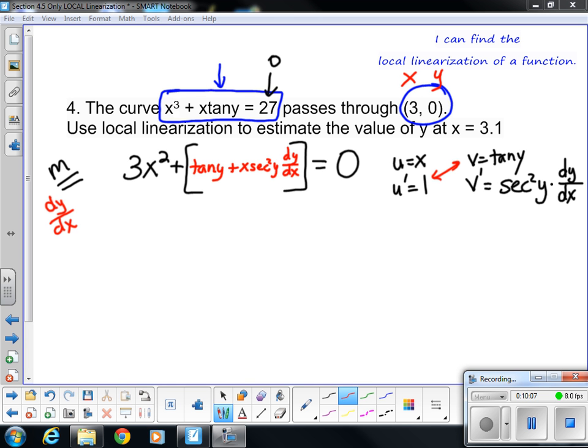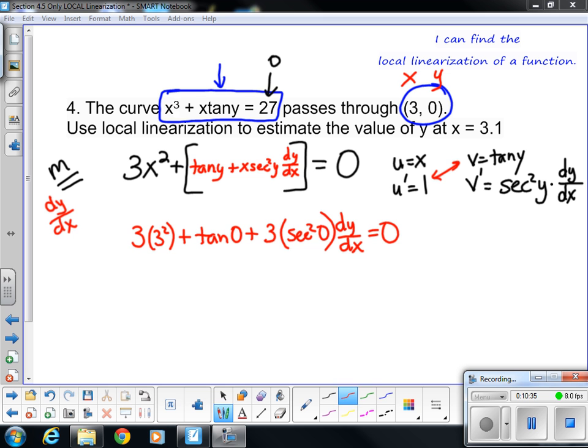So instead of simplifying this, I'm just going to immediately plug in a 3 for every x and a 0 for every y. So we have 3 times 3 squared plus tangent of 0 plus 3 times secant squared of 0 dy dx, and that equals 0.